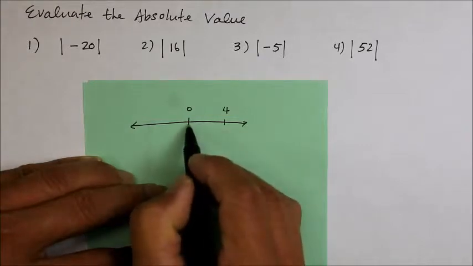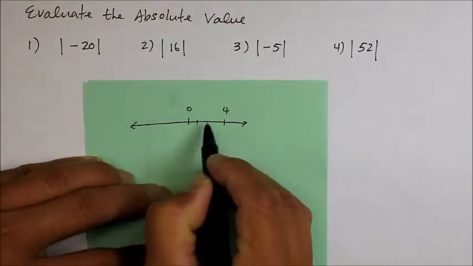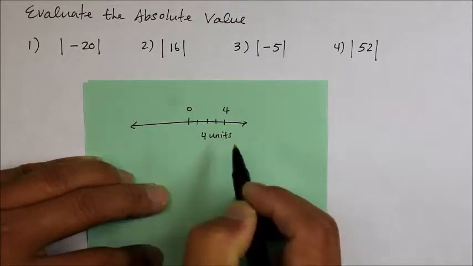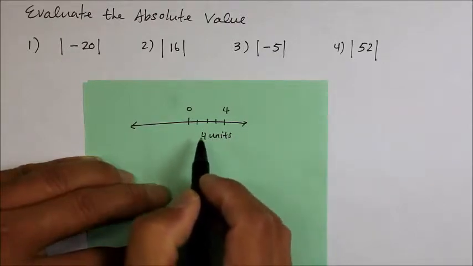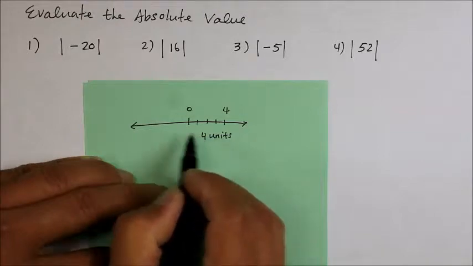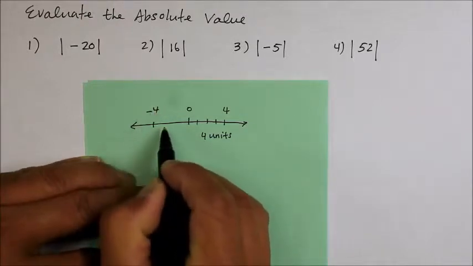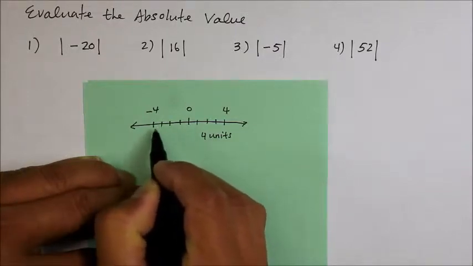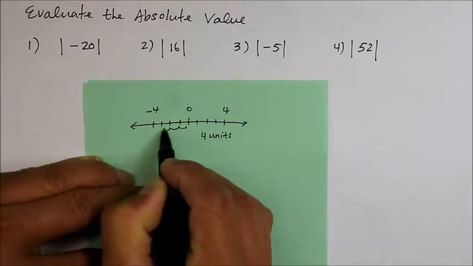Then you would say, well, from 0 to 4, there are 1, 2, 3, 4 units. And then if I asked you, how many units is negative 4 away from the 0? Then you'll say, negative 4 is actually 1, 2, 3, 4 units as well.